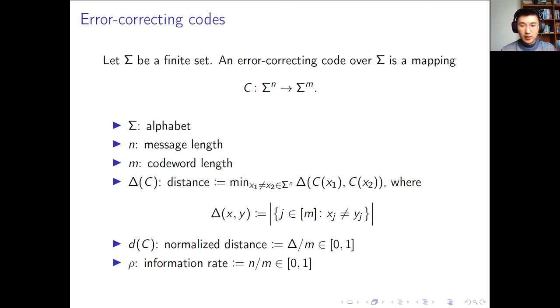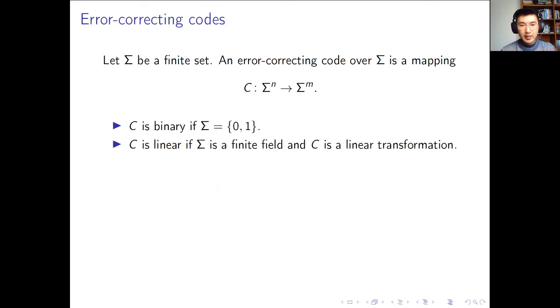It's also going to be a number between 0 and 1. We say C is binary if sigma is the set of only two elements, 0 and 1. We say C is linear if sigma is a finite field and C is a linear transformation between the n-dimensional vector space over sigma and the m-dimensional vector space over sigma.